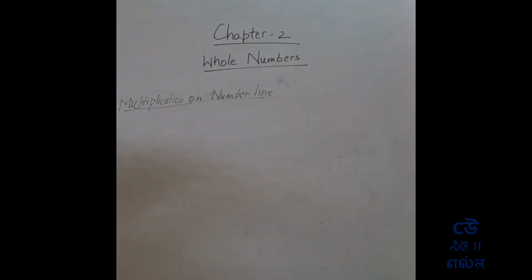So let us see multiplication of numbers on the number line. Let us take the first example, that is 4 into 3. The first step is the same as usual, children.